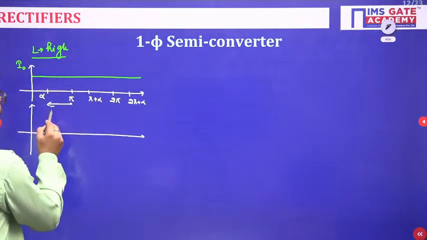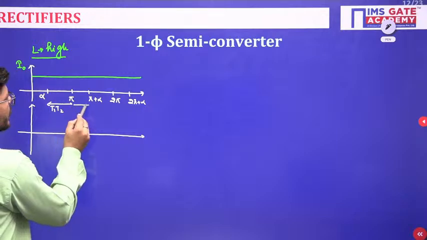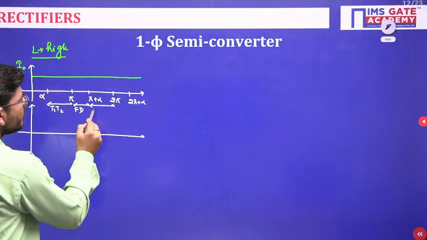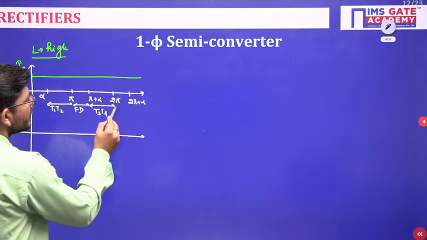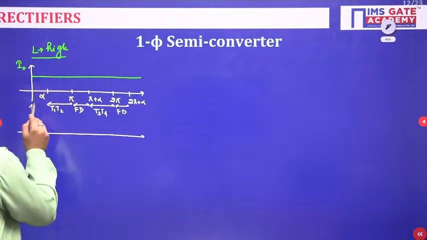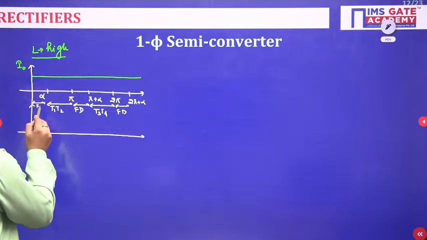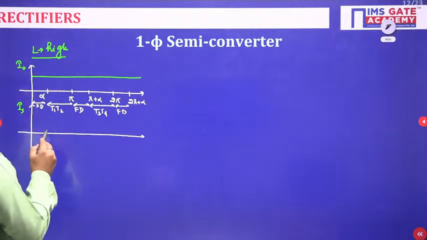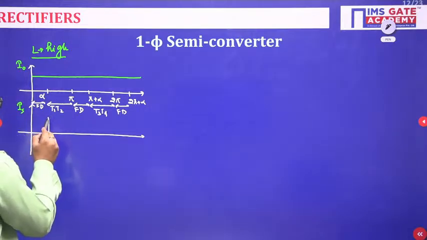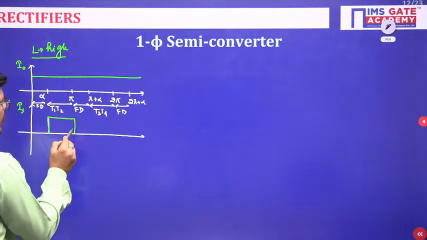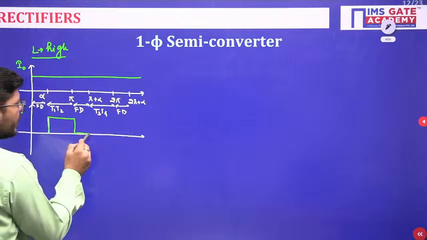So what has happened? During this movement we have T1, T2 conducting. During this movement we have freewheeling diode conducting. In this movement we have T3, T4 conducting. Again back here we have freewheeling diode conducting, and here also we have FD. So as per this, the source current will be flowing from alpha to pi through T1 and T2. When the freewheeling diode is conducting, there will not be any source current.